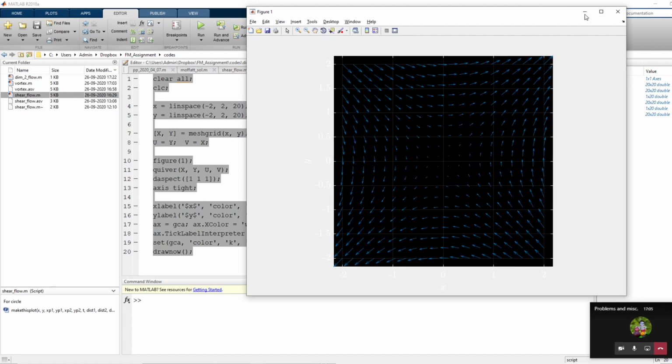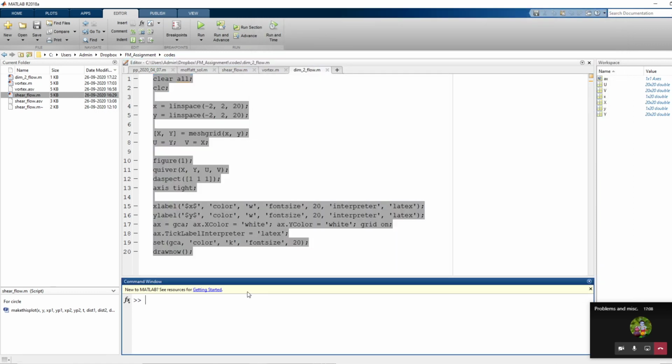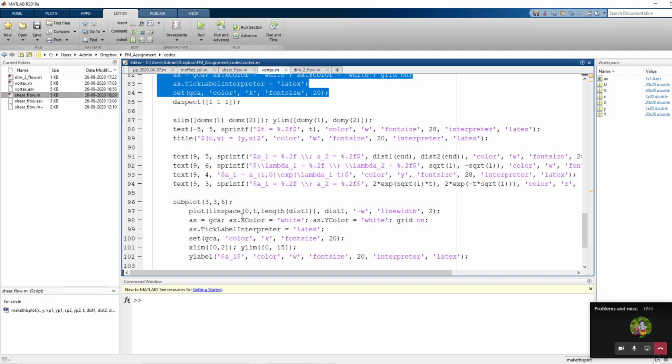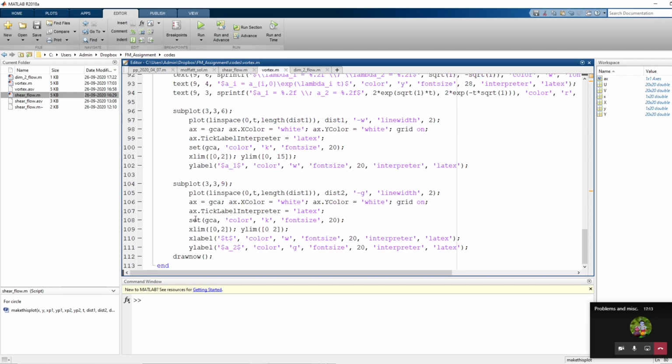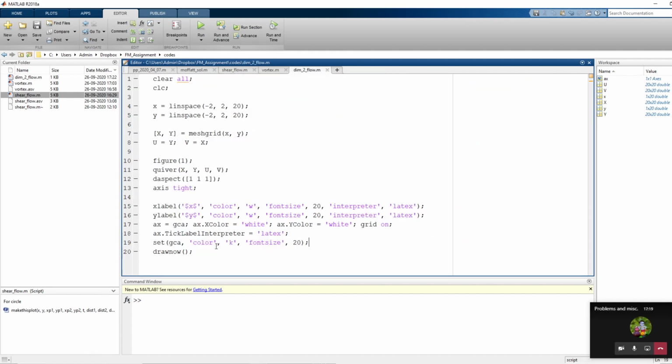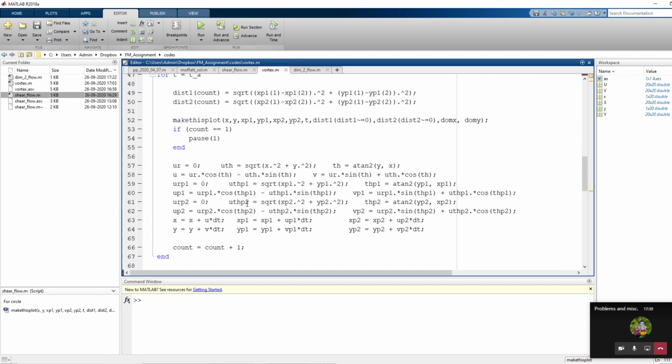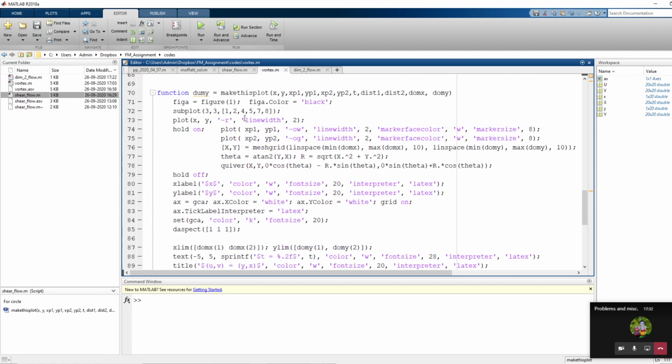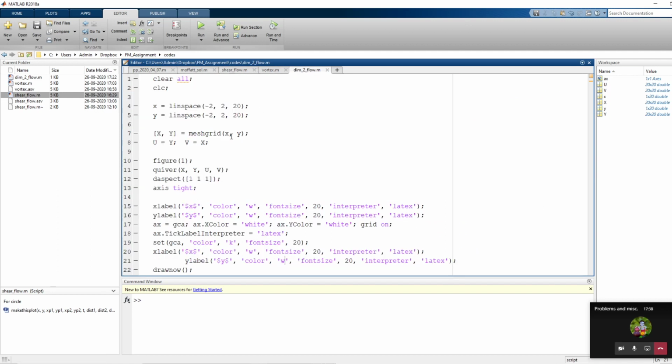Okay, so let me just quickly put some labels on the axis. I'll explain the entire thing, don't worry.